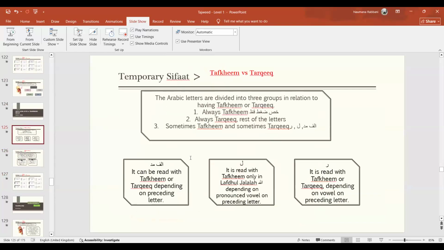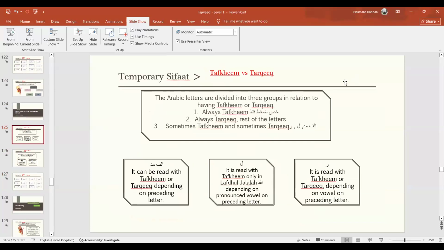Now, we went over tafkhim and what was meant by isti'la and tafkhim and the difference between them. We learned that there could be letters which are not isti'la, meaning the back of the tongue is not raised, yet they could have heaviness in them, and that's a temporary sifa.